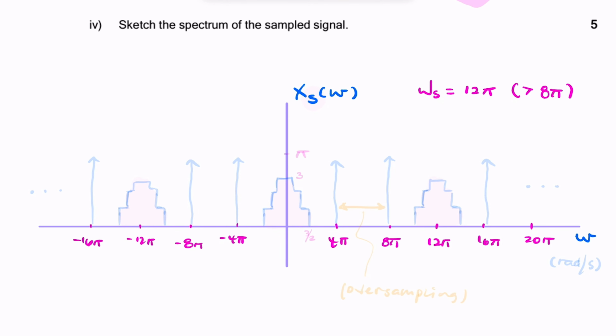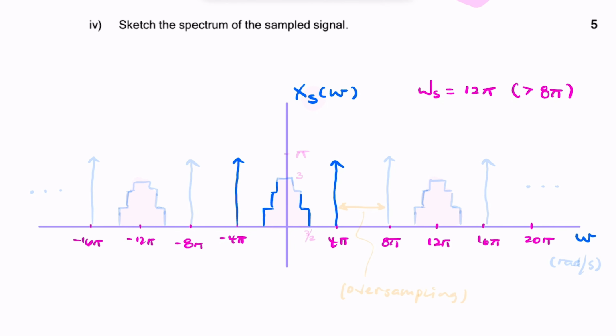Now remember, the spectrum needs to replicate. So let's first draw our original spectrum. That will look something like this. We have two impulses at 4 pi and negative 4 pi. And then we have this strange step where we have three rectangular functions stacked on top of each other.